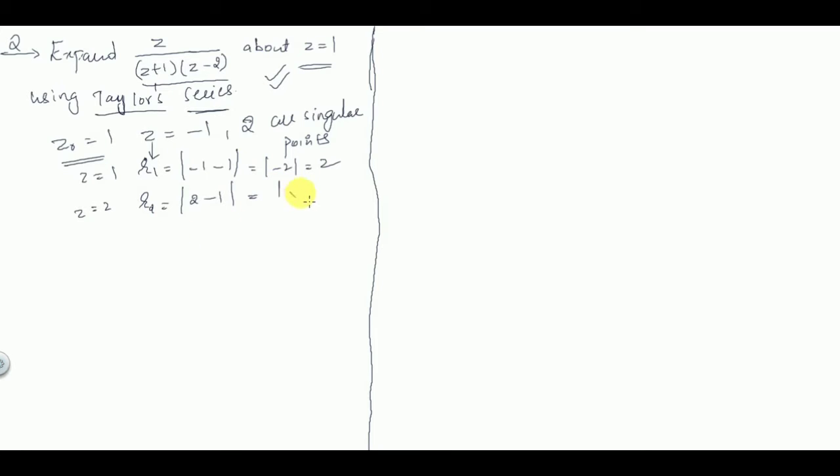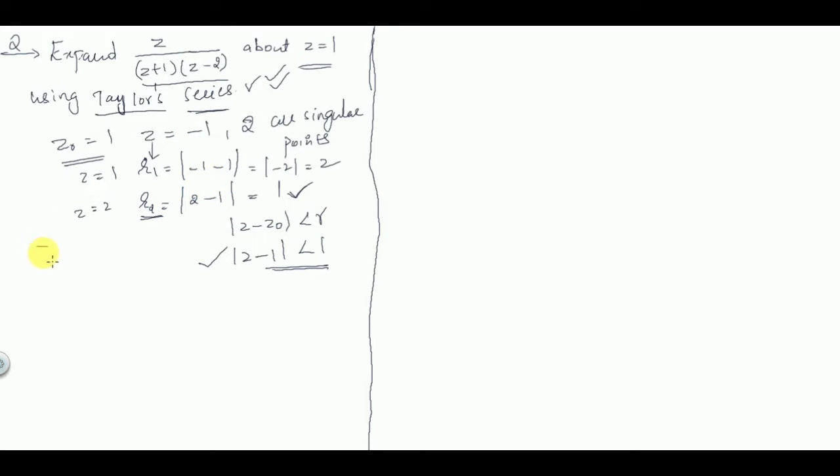So what is the minimum distance here? It is 1. Therefore the ROC for this expansion, modulus of z minus z naught less than r, becomes modulus of z minus 1 is less than 1. This is how we can write the ROC for the given function.